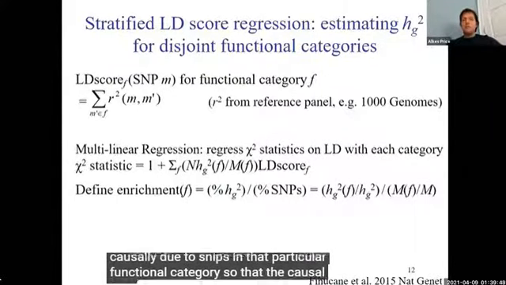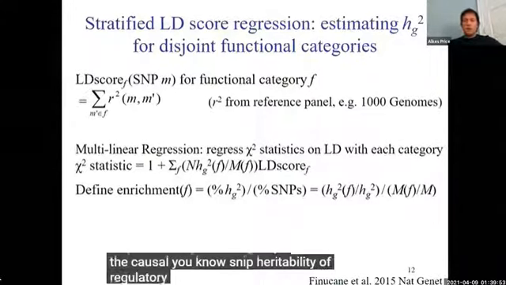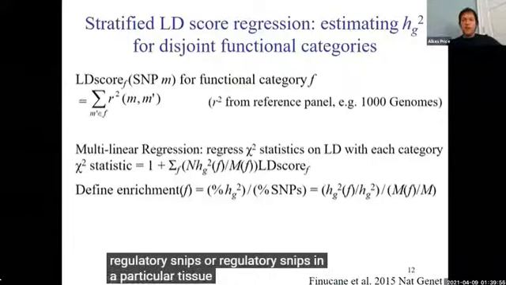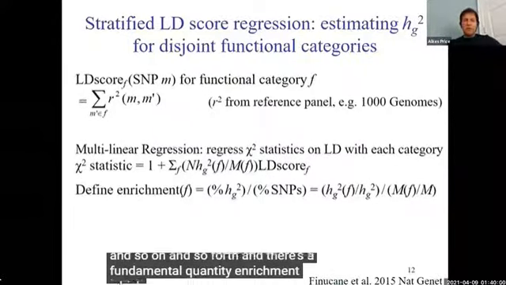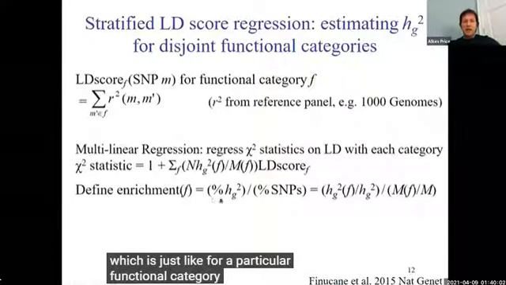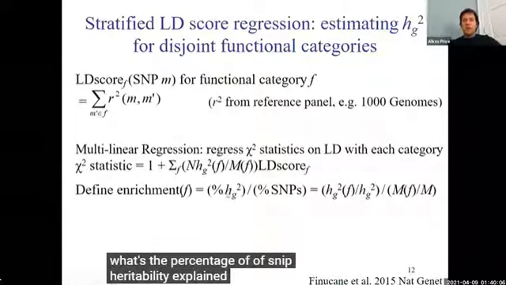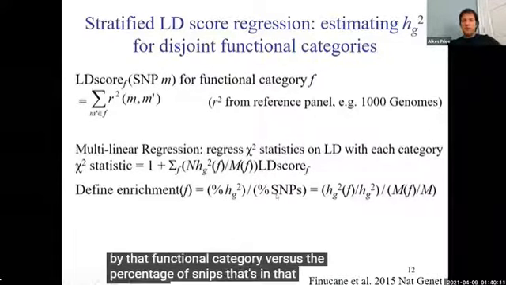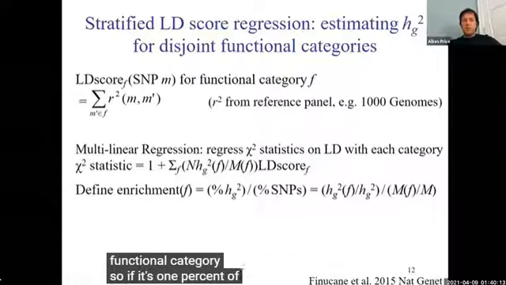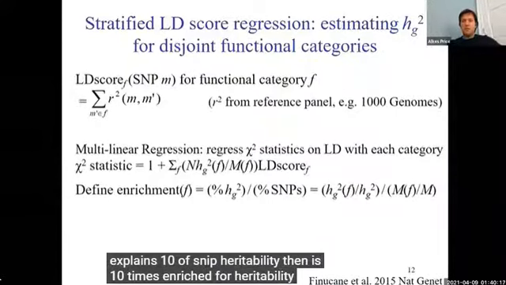So the causal SNP heritability of coding SNPs, the causal SNP heritability of regulatory SNPs or regulatory SNPs in a particular tissue, and so on and so forth. And there's a fundamental quantity, enrichment: for a particular functional category, let's say coding SNPs, what's the percentage of SNP heritability explained by that functional category versus the percentage of SNPs in that functional category. So if it's 1% of SNPs, but it explains 10% of SNP heritability, then it's 10 times enriched for heritability.